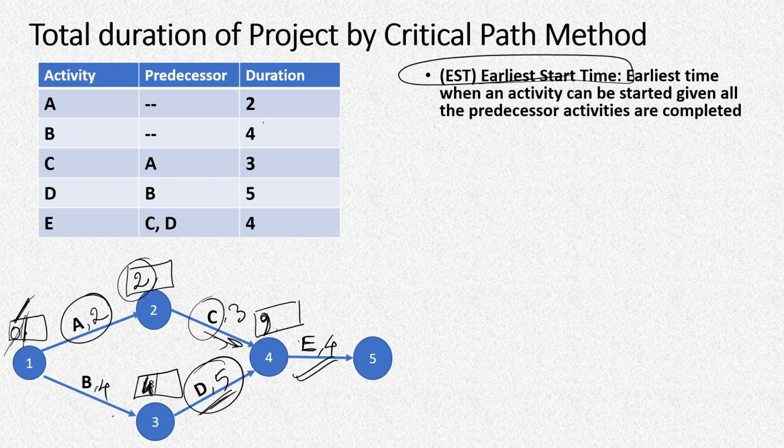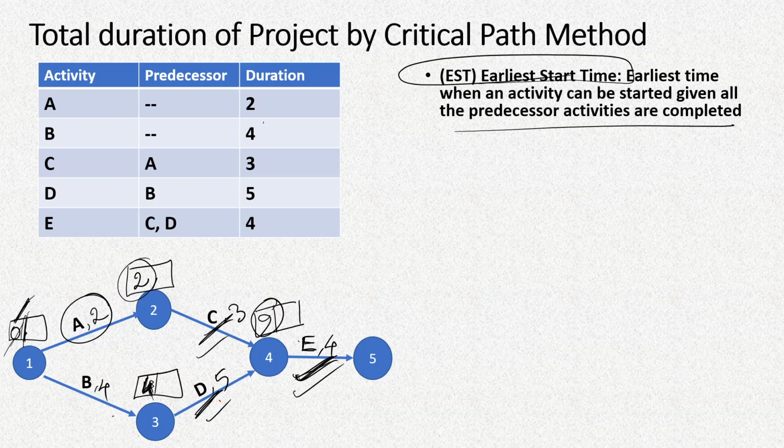That's why this represents the earliest start time of activity D. And for activity E, you can see here the earliest start time can be after the 9th day, because its predecessor activities are C and D, and only after the 9th day are both C and D completed, and therefore day 9 is called the earliest start time of activity E.